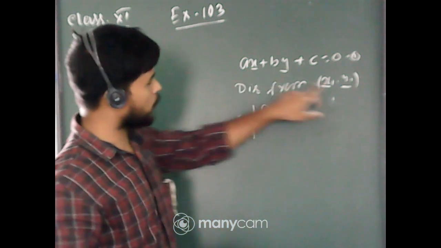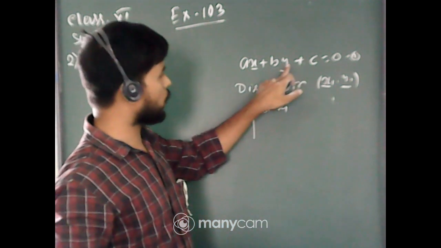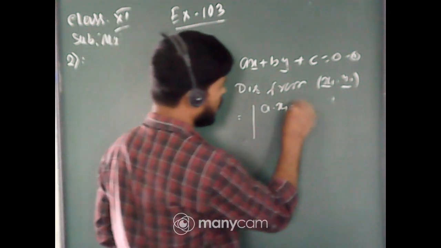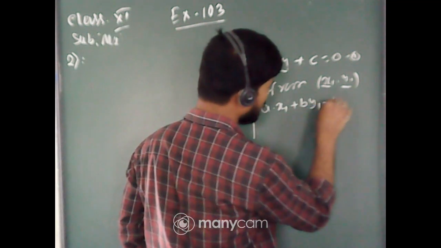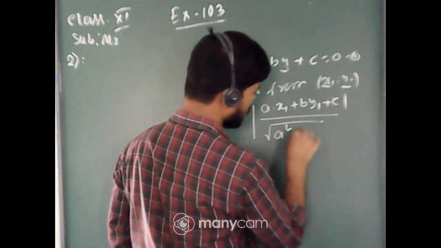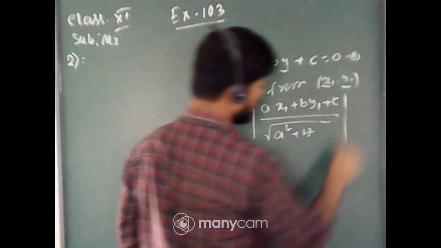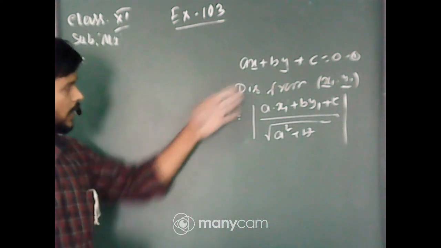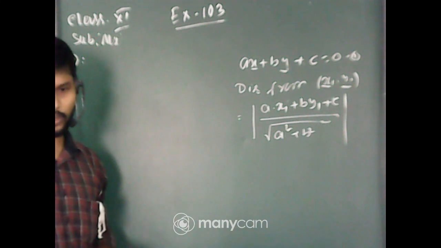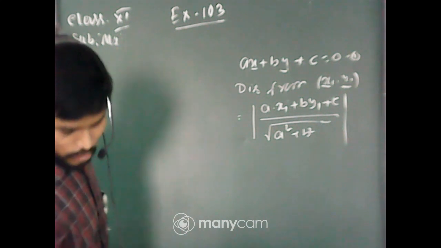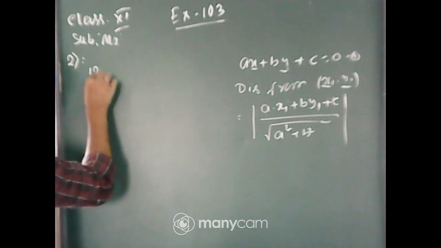In place of x we put the x coordinate, and in place of y we put the y coordinate of the given point. So this is the formula to find the distance of a line from any point x1 comma y1.